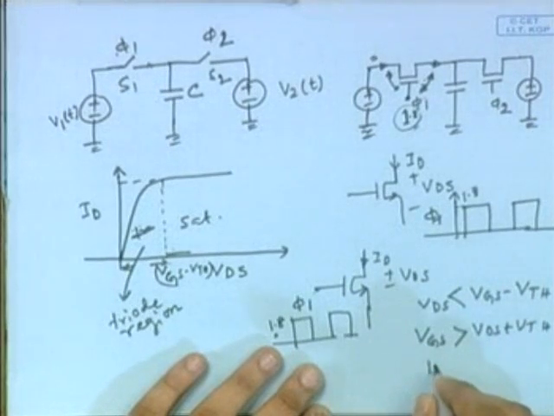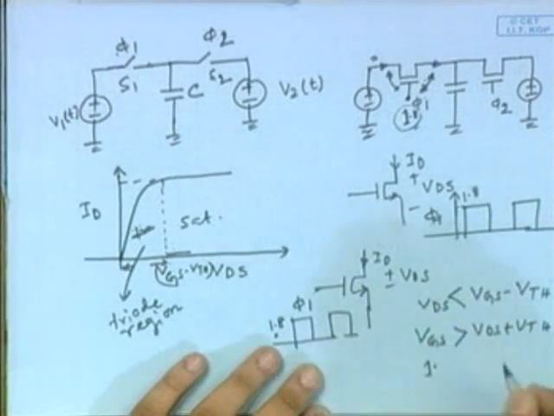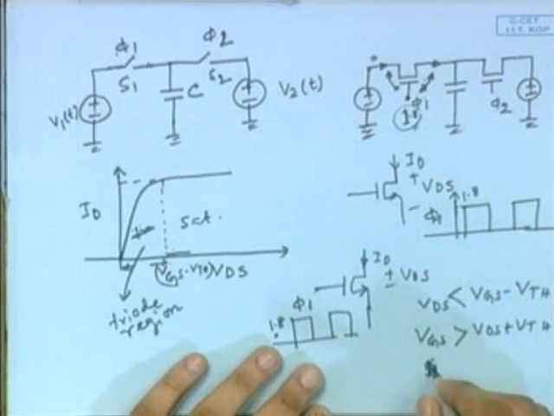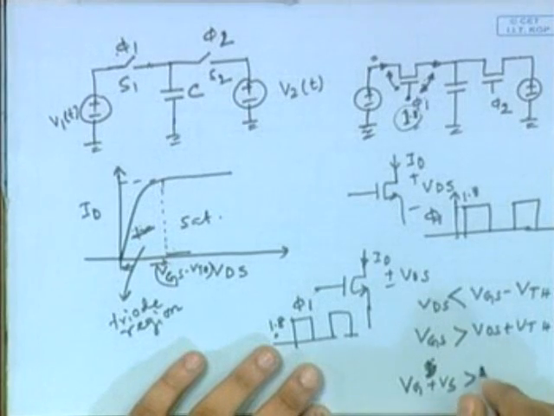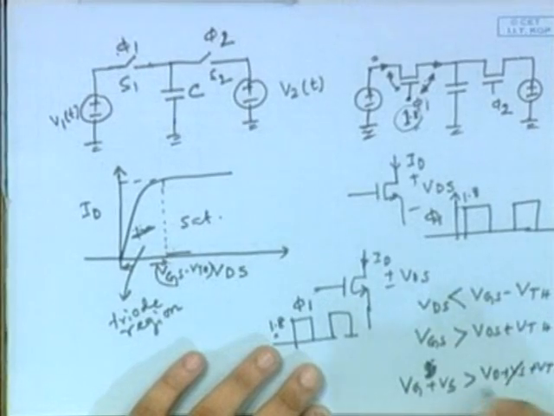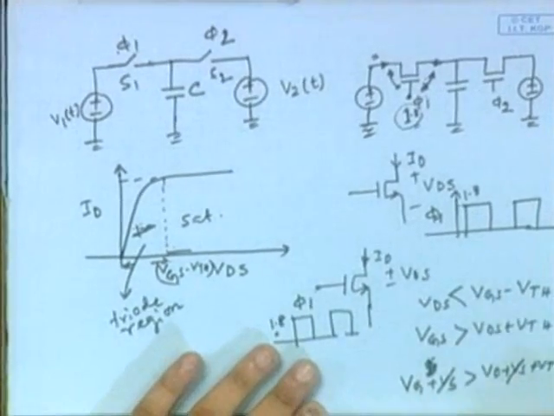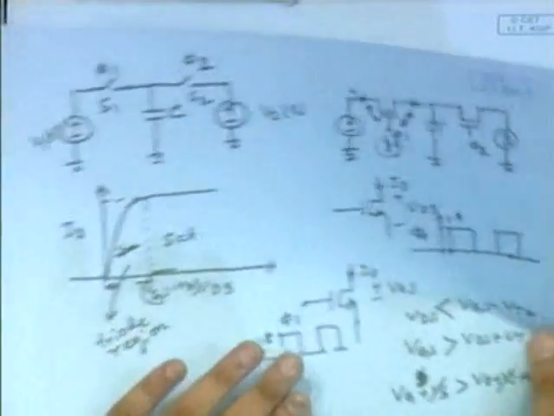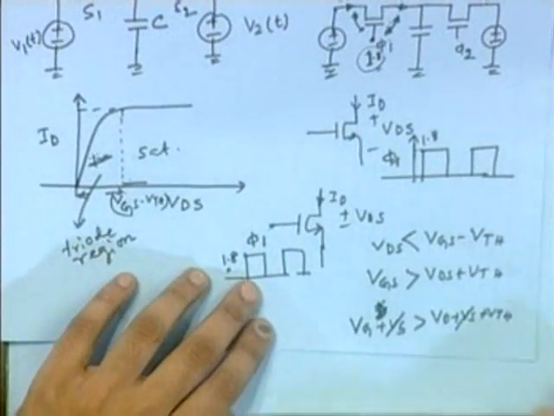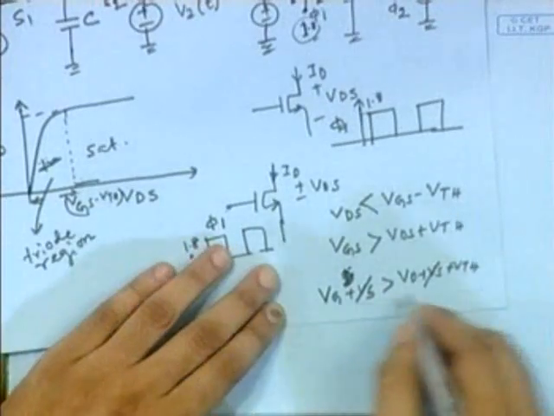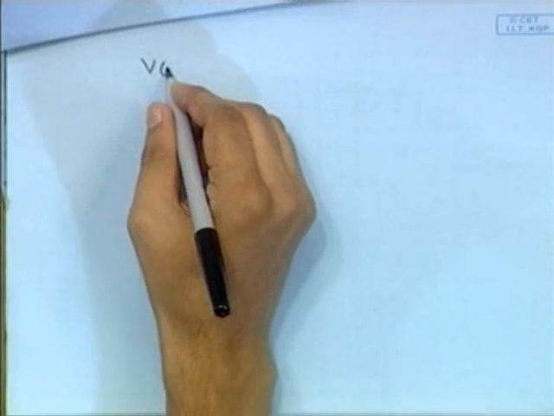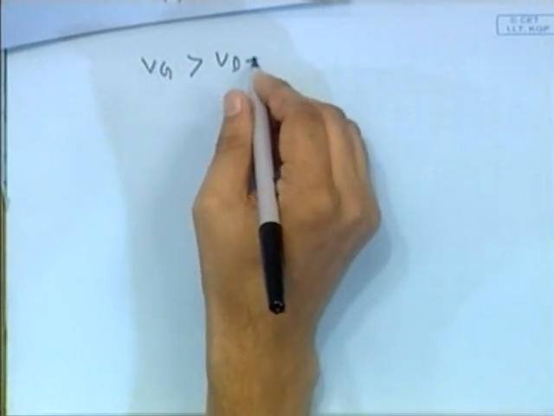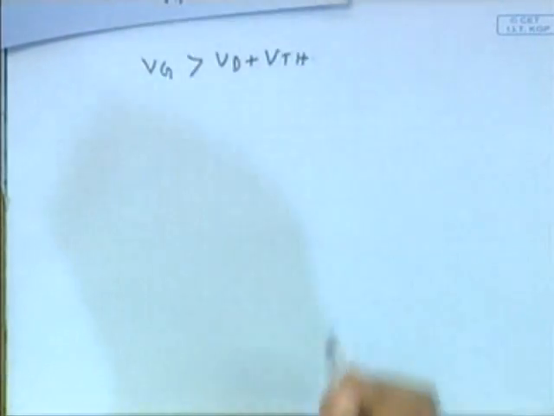Now I can write Vg minus Vs is greater than Vd minus Vs plus Vth, cancel these two, so Vg should be greater than Vd plus Vth.